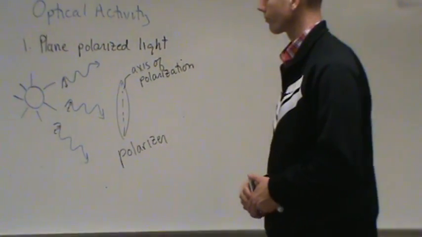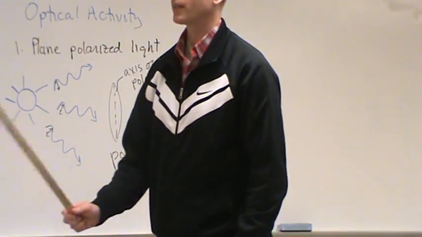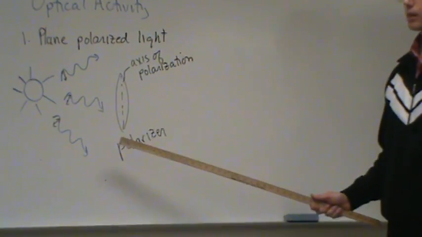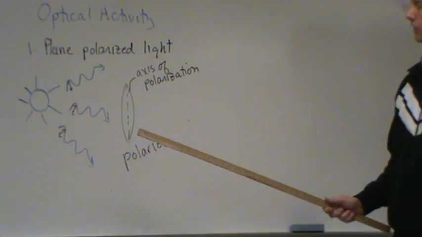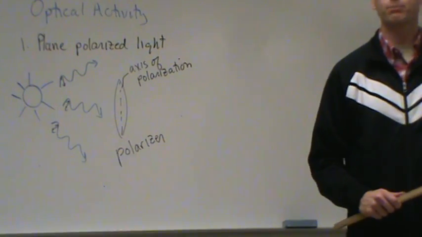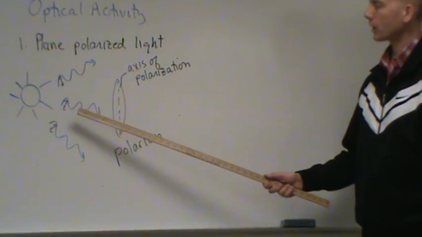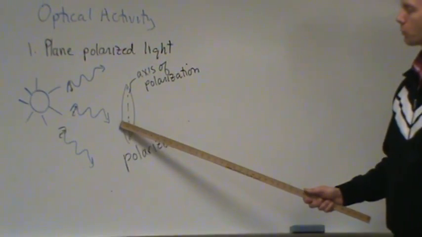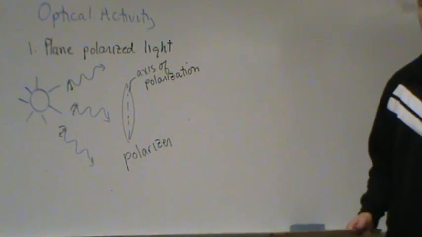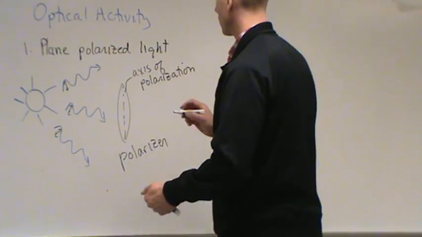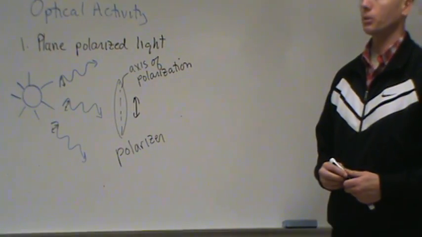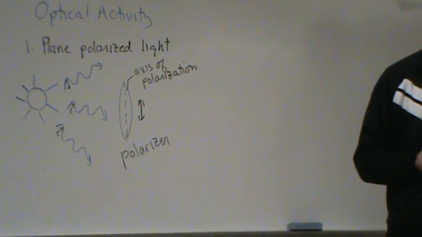So what this polarizer is going to do is act as a filter. It's going to filter out some of these light waves. The only one that it's not going to filter out is the one that has the arrow parallel to its axis. So the only one that will come through is one that's like that.